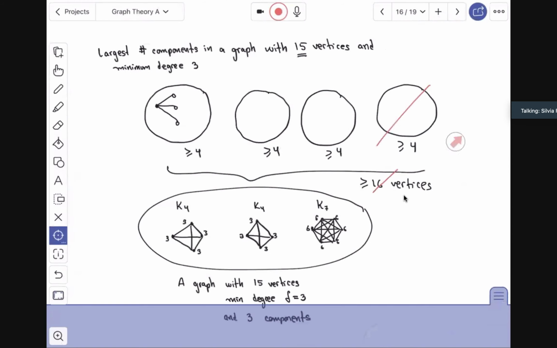So here, this shows that there cannot be 4 or more components, and this shows that you can actually do 3. Because maybe for another reason we cannot have 3, and then the largest would be 2, right? So we're saying, no, there's no other reason. We can actually meet it. And this is not the only example. There are other examples. I just need to make sure that all the vertices have degrees 3 or more.